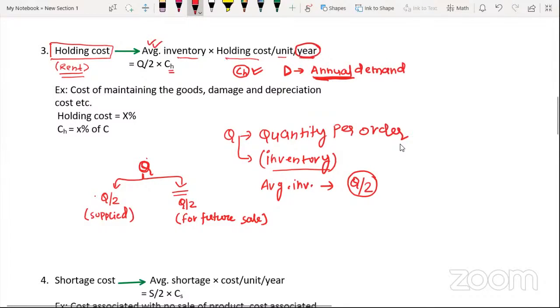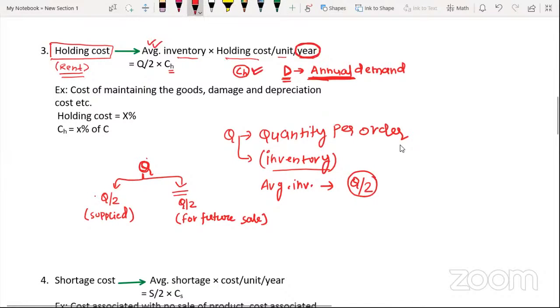When we solve the numericals, the concept will be more clear to you. But for now you can remember it like this: if capital D is annual, then this ch unit is also going to be in year. So you have to see the data of the numericals.